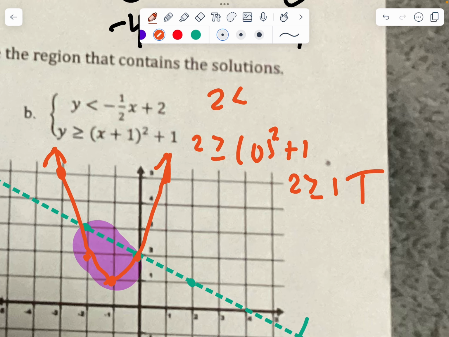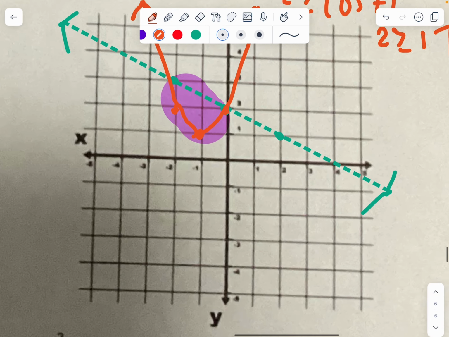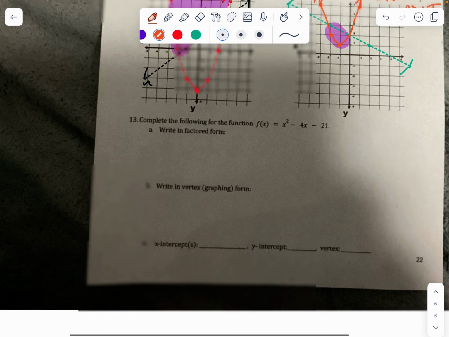Oh no, it's plus 1/2 because negative 1/2 times negative 1 is 1/2. 1/2 plus 2 is 2.5. That's also true. So it is this area that I shaded. Next problem.